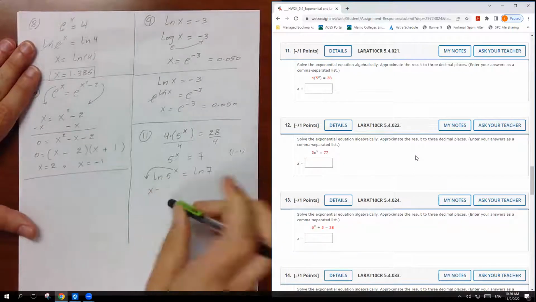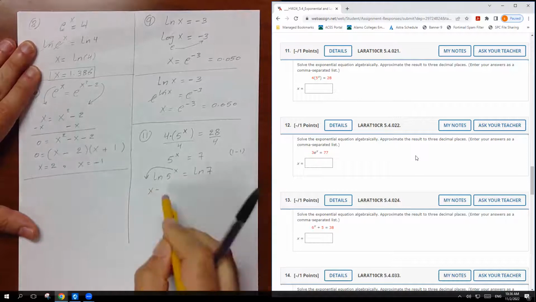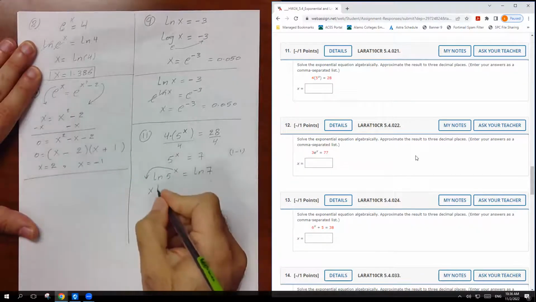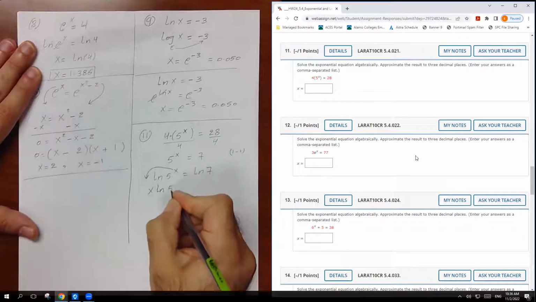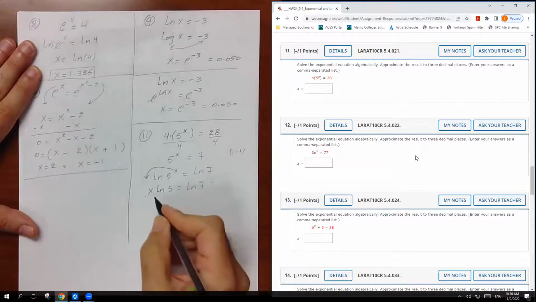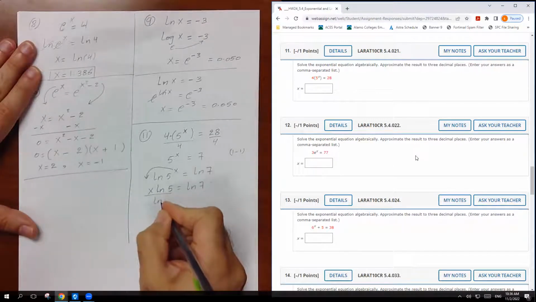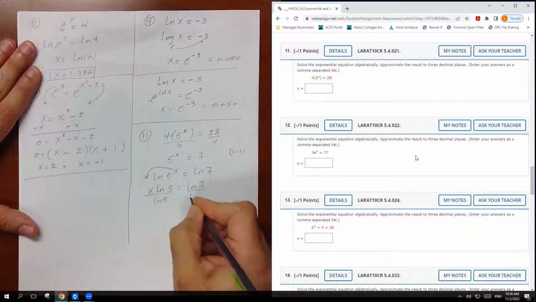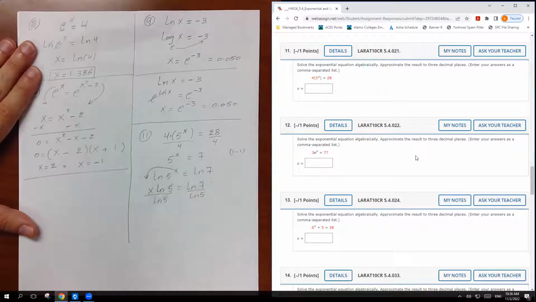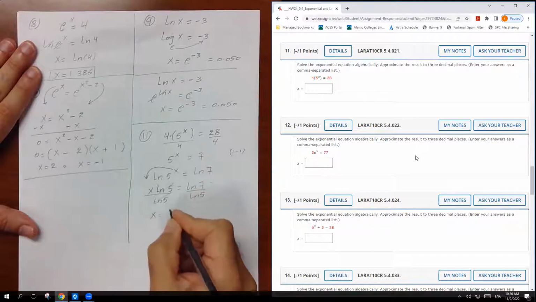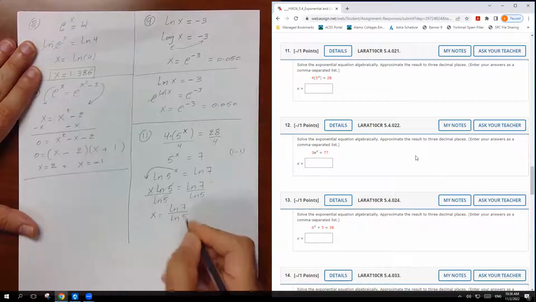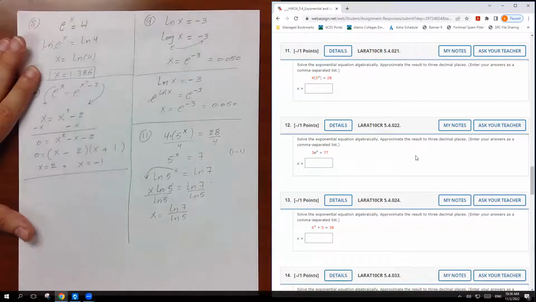So x ln 5 is going to be ln 7. Last step, divide both sides by ln 5 to keep the x by itself. Cancel here. So x is going to be equal to ln 7 divided by ln 5. That's it for this example.